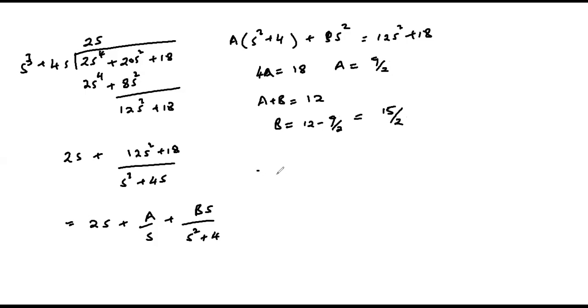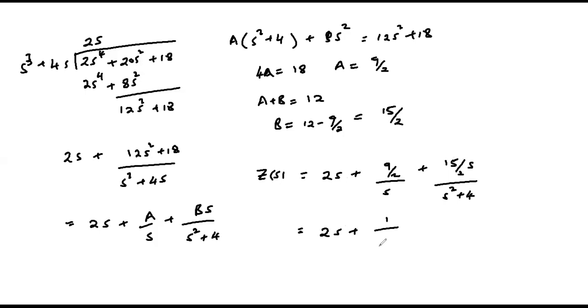That means our transfer function Z of S can now be written as 2S plus A over S, which is 9 over 2 over S, plus BS, which is 15 over 2S over S squared plus 4, which you can write as 2S plus 1 over (2 over 9)S plus 15 over 2S over S squared plus 4.